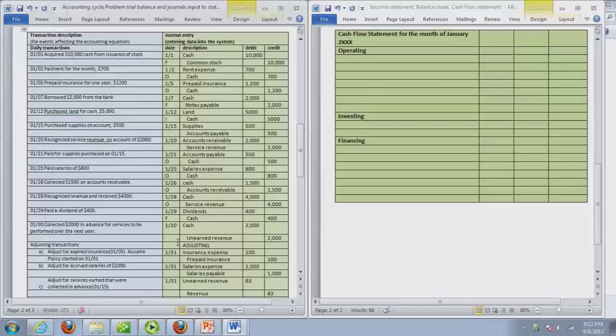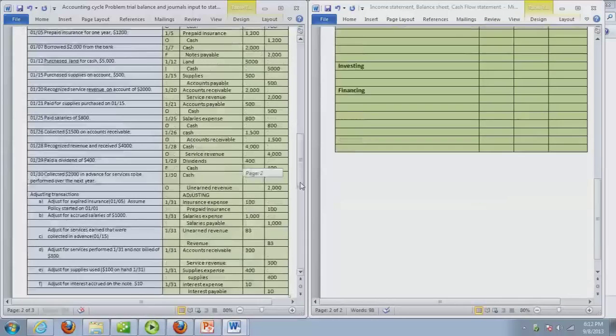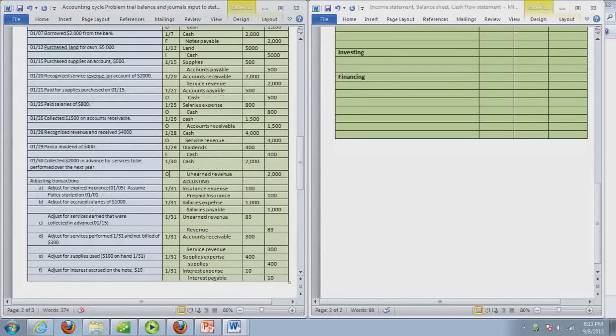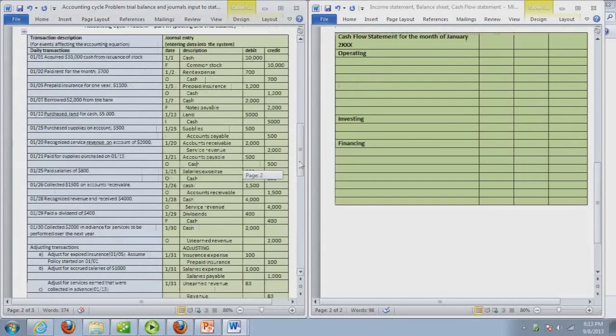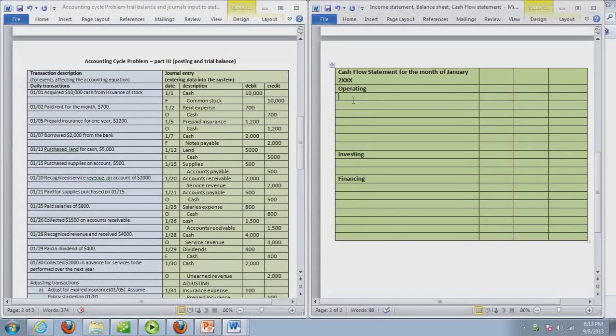And then we have cash and unearned. Once again, it's customers, so that's going to be operating. And the good news is when you get to the adjusting entries, there is no cash flow, so you don't have to worry about those for the cash flow statement. So let's come up here to the operating, and let's see if we can put all the customer stuff together.